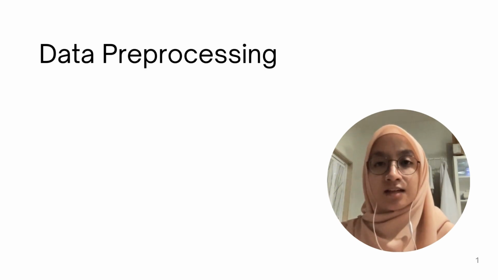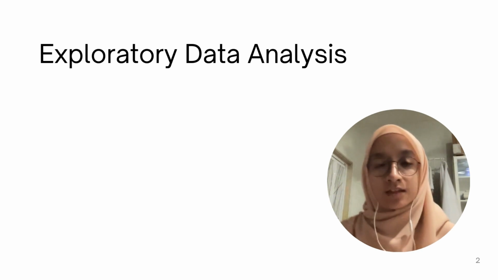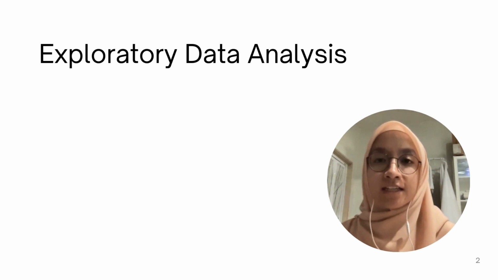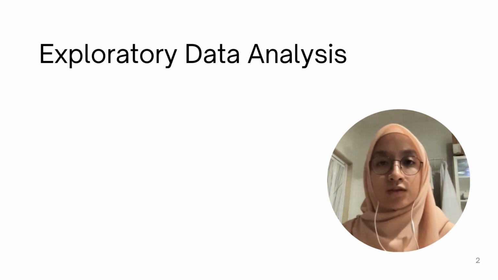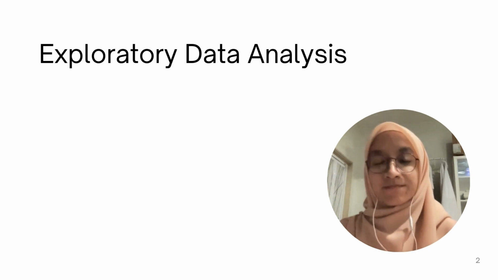And moving on. So once cleaned, we explored the dataset to understand trends and relationships. And the insights that were gained in EDA were later on used for feature engineering and PCA.